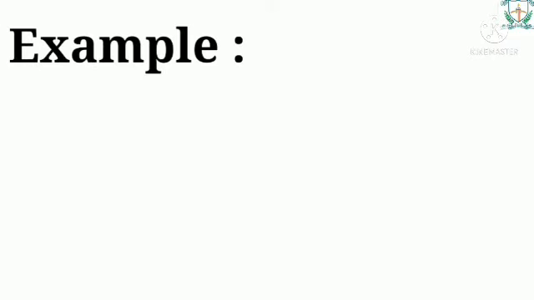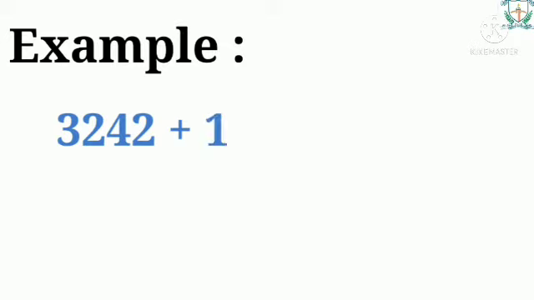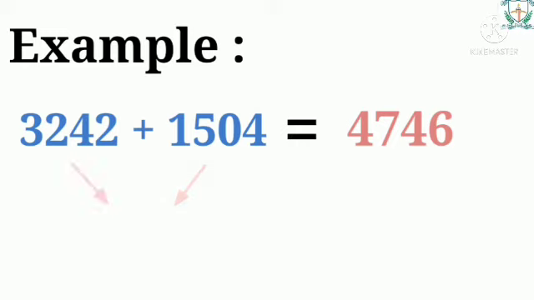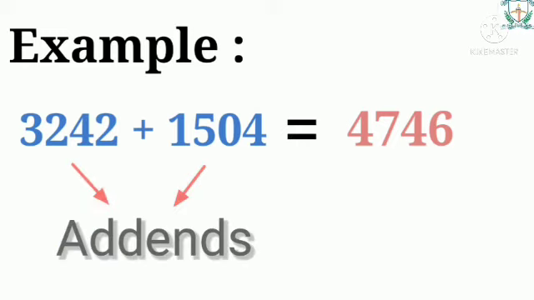For example, 3242 plus 1504 is equal to 4746. Here, 3242 and 1504 are addends. 4746 is a sum.